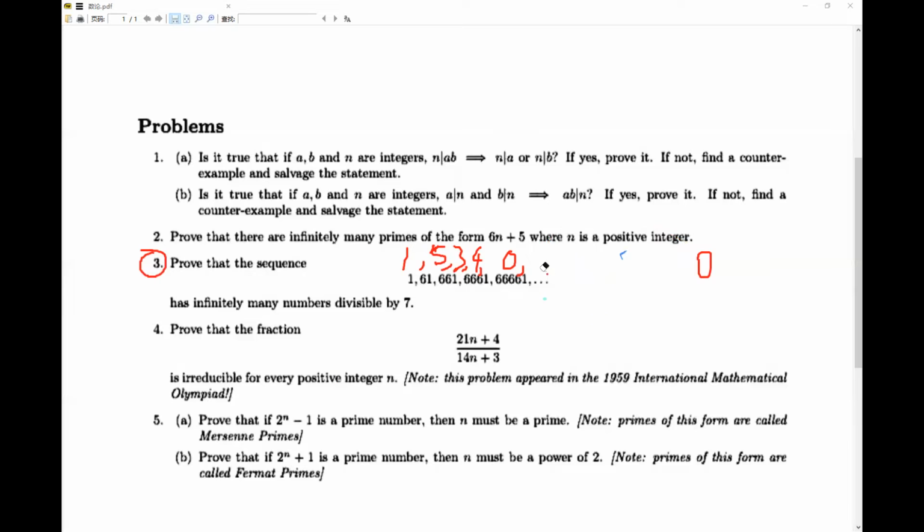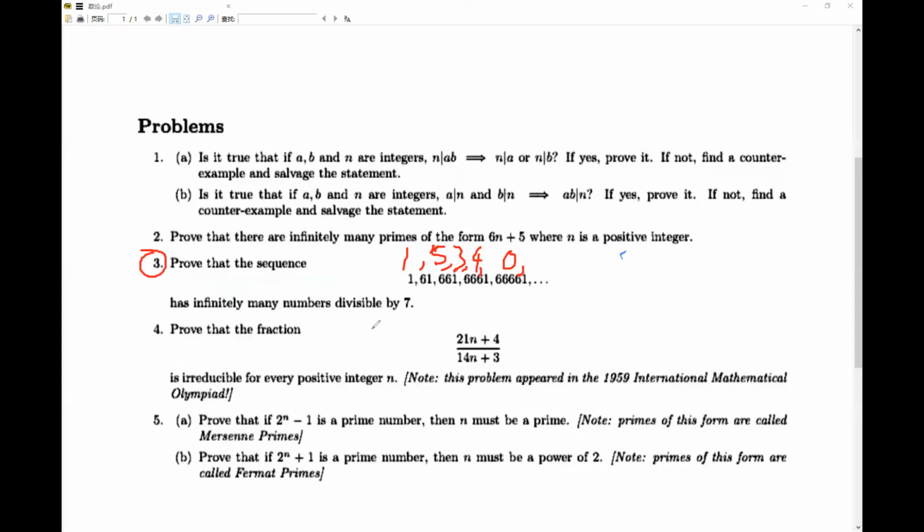Use this method to solve the problem. This is one of the methods: find the remainder. Maybe I can use modular arithmetic. Yes. I can say 1 is congruent to 1 mod 7, and 61 will be congruent to 60 plus 1 mod 7.